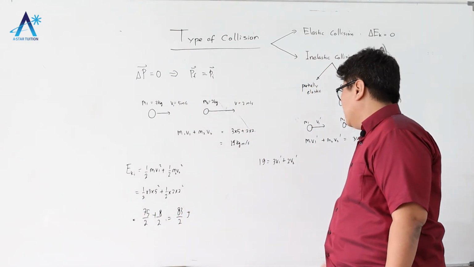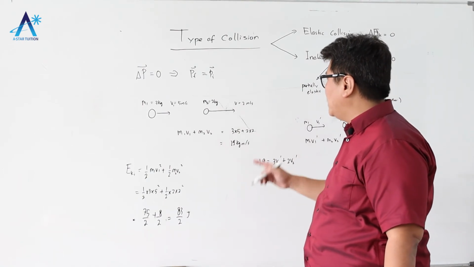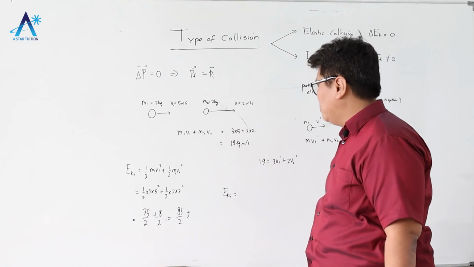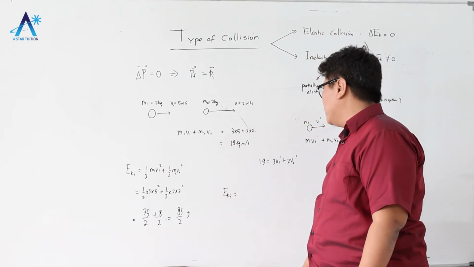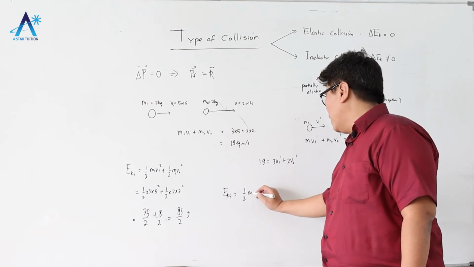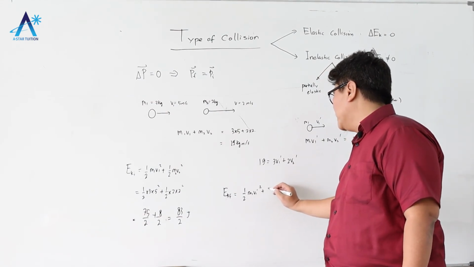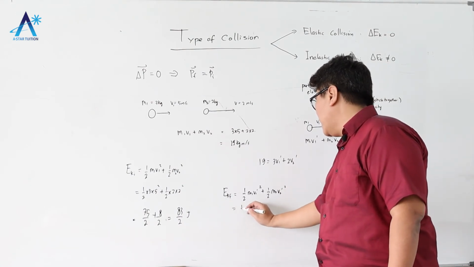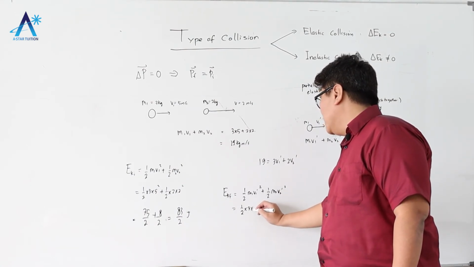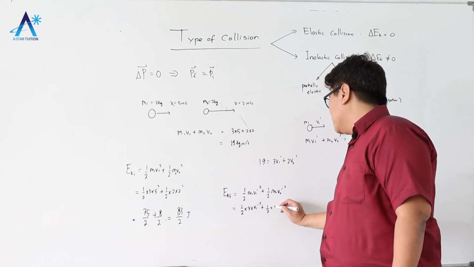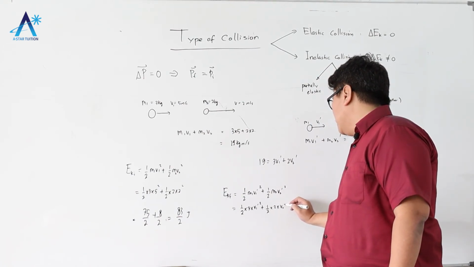Now, if the collision is elastic, then the final kinetic energy should be equal to 83 over 2 as well. What is the expression? Half m1 v1 prime square plus half m2 v2 prime square, which is half times 3 times v1 prime square plus half times 2 times v2 prime square.